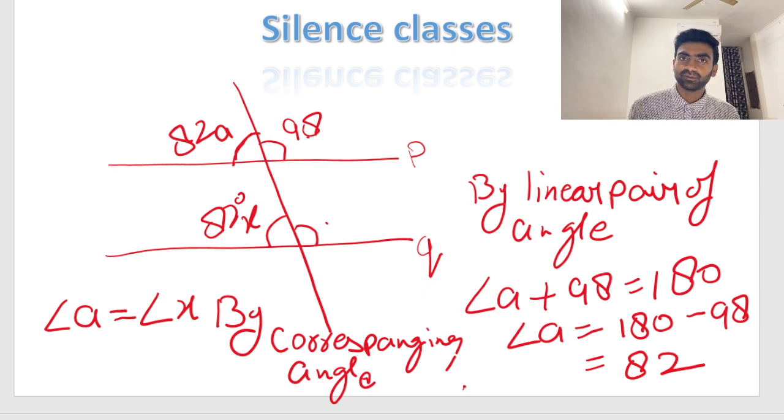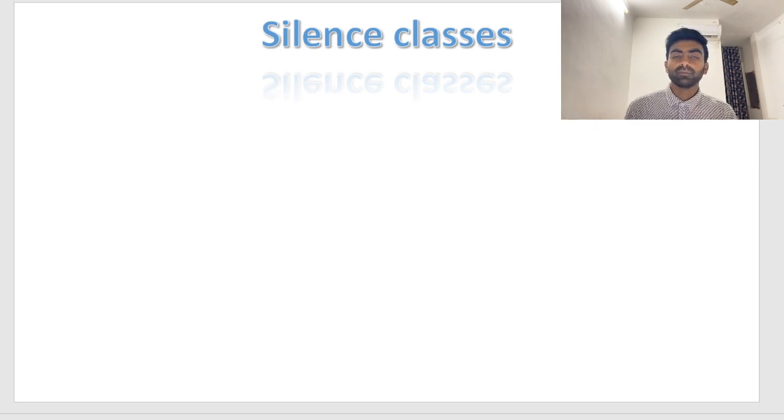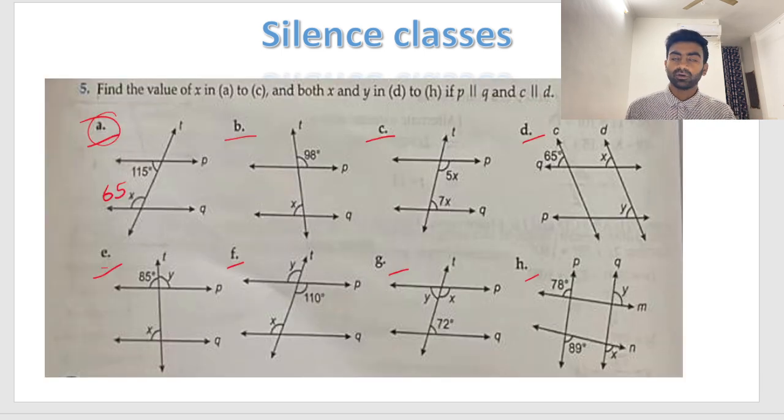So there are many methods to do this. You can put different approaches to solve this particular question, in the manner I have done. You can check it out, and if you want you can put another method of yours also, but by using the angle property only.